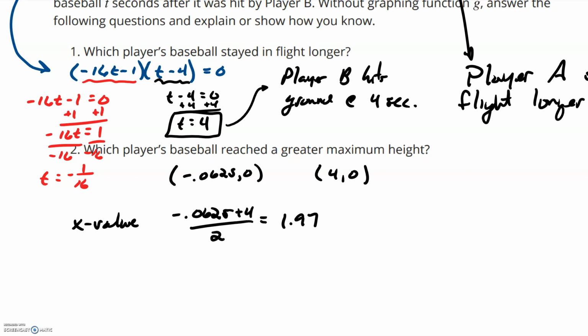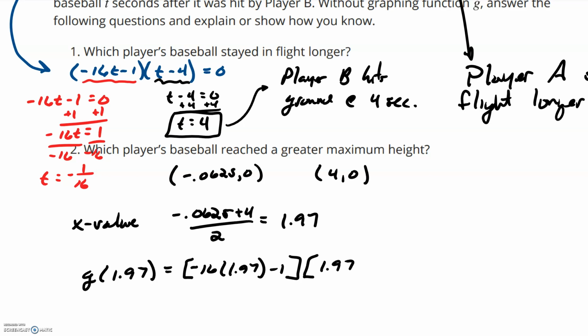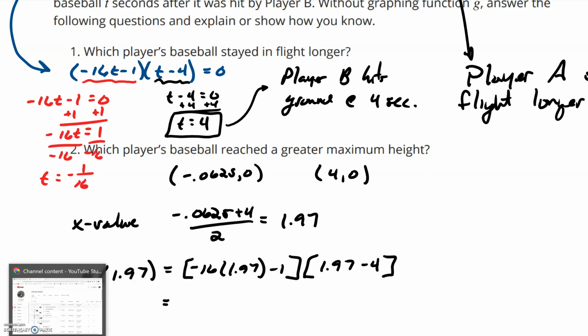Now, to figure out what that maximum height is, I need to evaluate the function for an x value of 1.97. My initial function was negative 16 times the quantity 1.97 minus 1, and then multiply that by the quantity 1.97 minus 4. Okay, so I'm going to evaluate this.